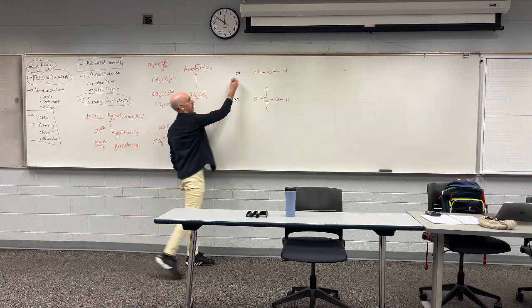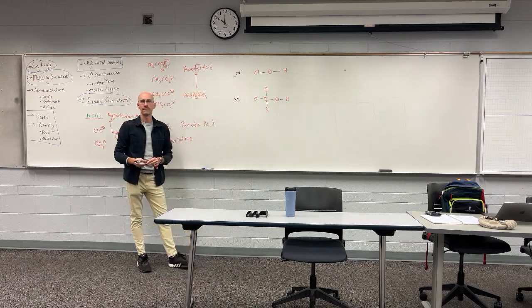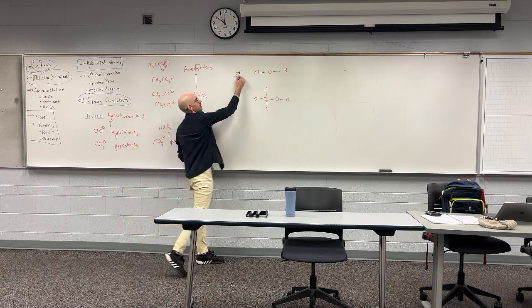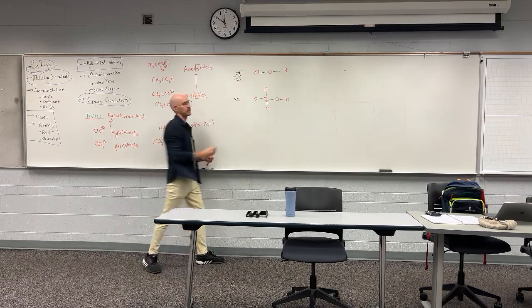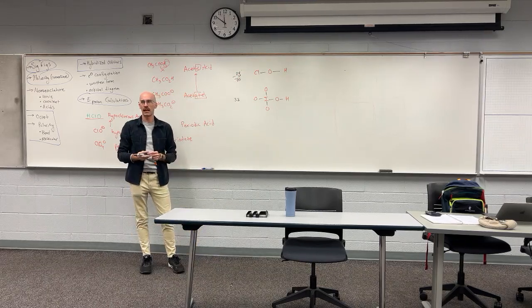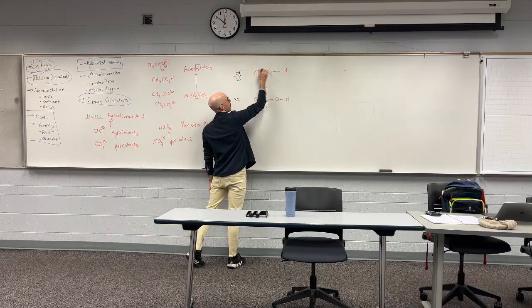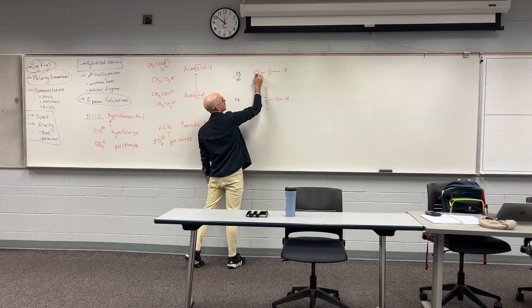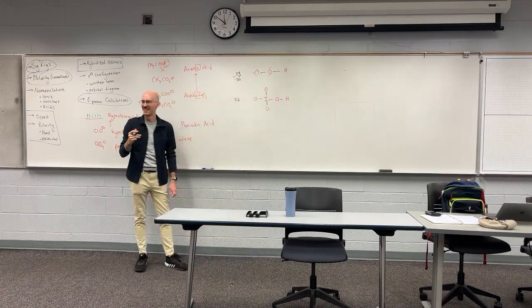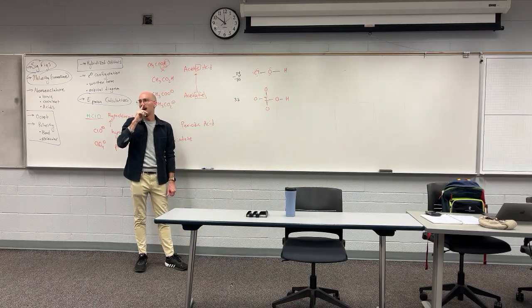On top, so far I've used up how many? 4. So I've got 20 left to plug in, and I'm going to plug those in as lone pairs. 2, 4, 6, 8. Did it? Yeah. What did I do wrong?